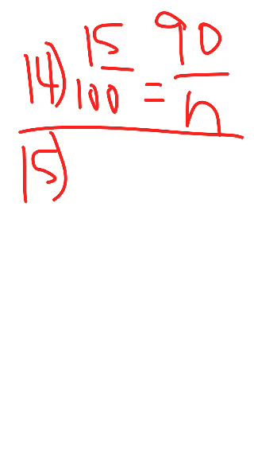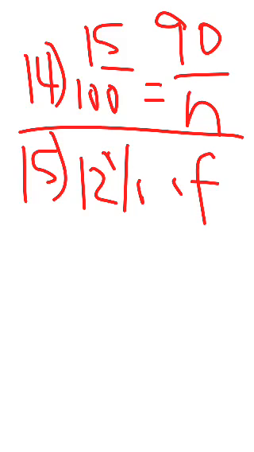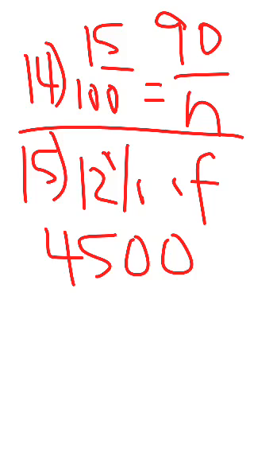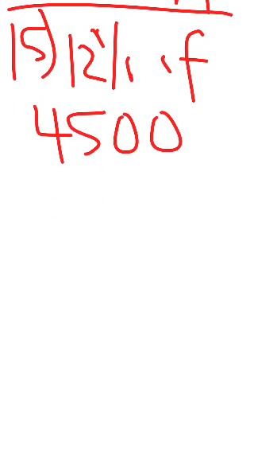So what we need to find is 12% of 4,500. Now you can use a proportion, but a shortcut will do just as fine again. So let's translate this.